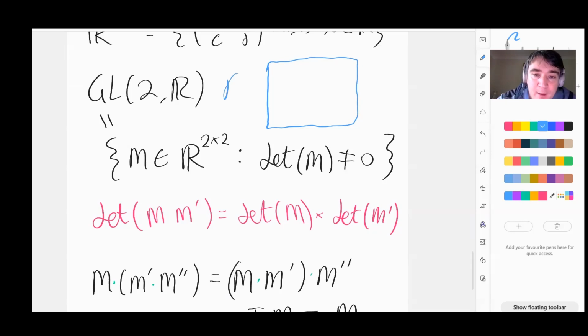We have all of these 2 by 2 matrices, and now we see that some of them are invertible. Inside this set of all of the 2 by 2 matrices, we have this general linear group, which consists of the matrices that can be inverted. And we can see what they are geometrically, as I was showing before.